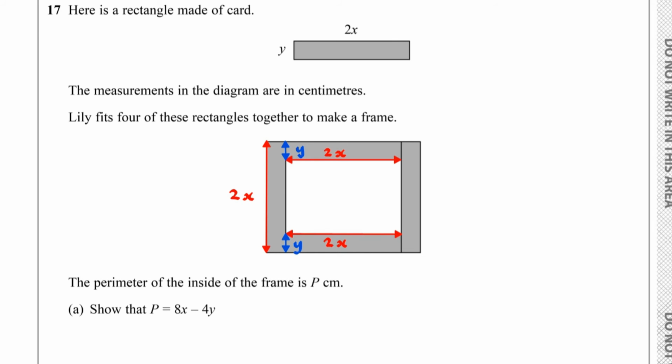That would mean then that this length here will be 2x, subtract y, subtract another y, so this length here is 2x, subtract 2y.